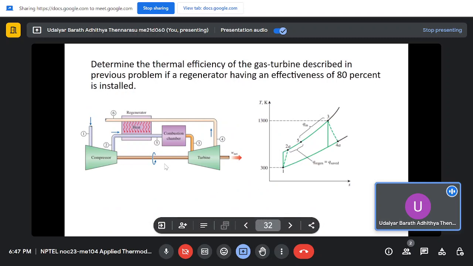So effectiveness will become 100%. It will be a longer heat exchanger with a very small, negligible temperature gap. That's when you say the heat exchanger is 100%. So 5 will become 4a.